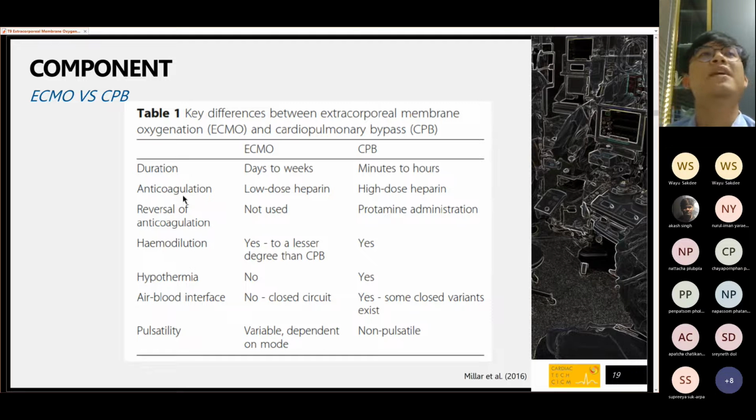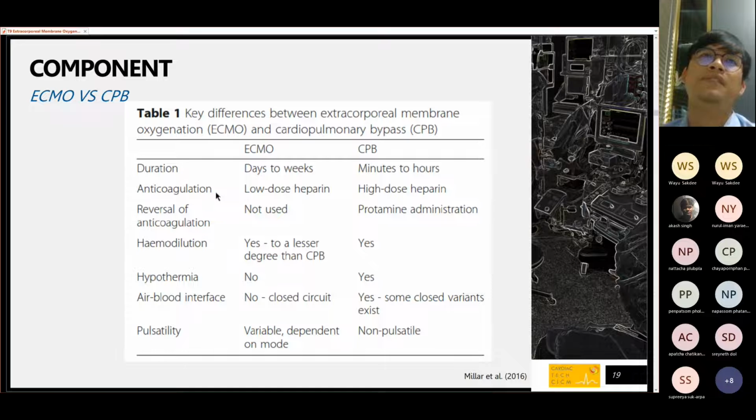How do they differ? ECMO is used for much more prolonged periods compared with CPB, so the duration is much longer.